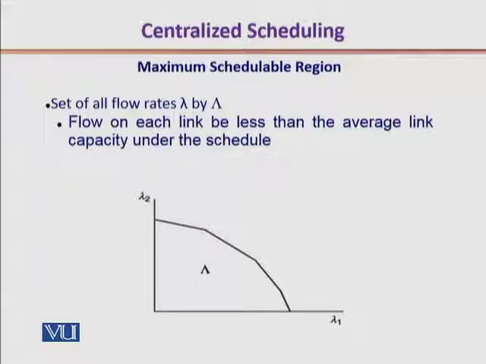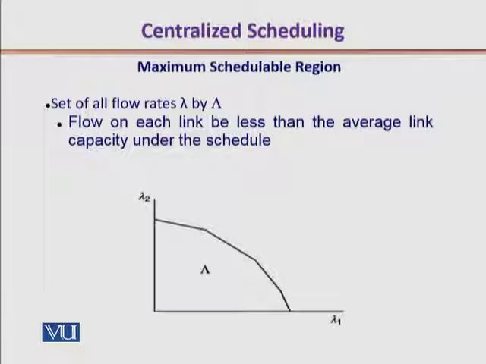For instance, if we look at flows, say lambda 1 and lambda 2 as two competing flows, and say all the flows have an aggregate flow rate, lambda, which is bounded by a convex or closed area represented by the symbol.